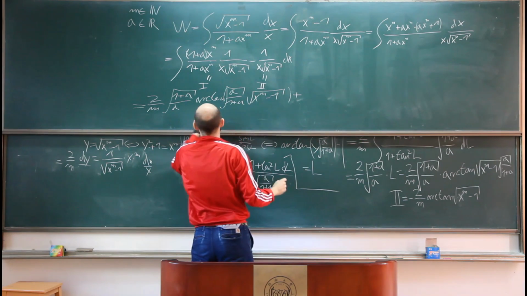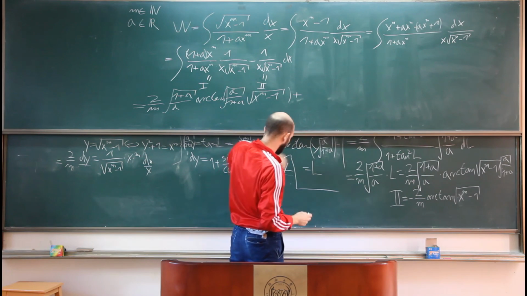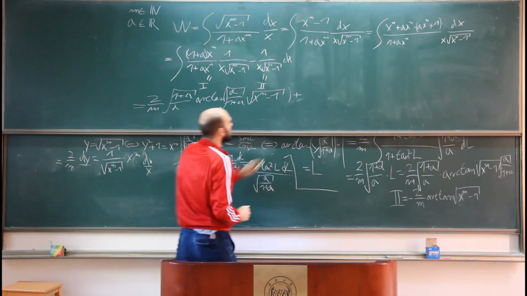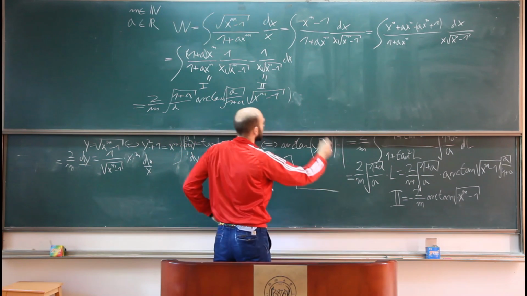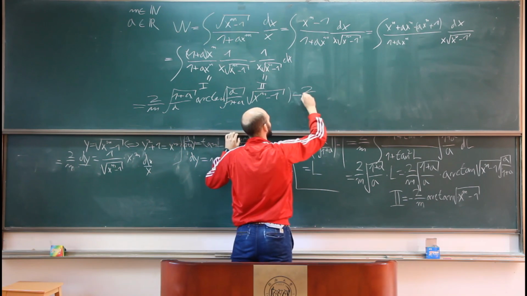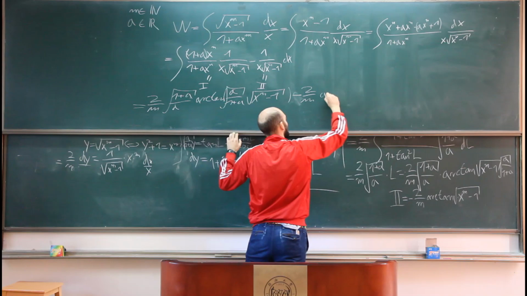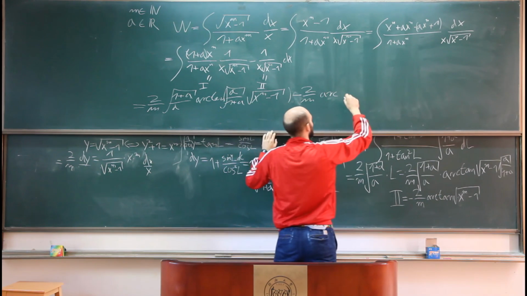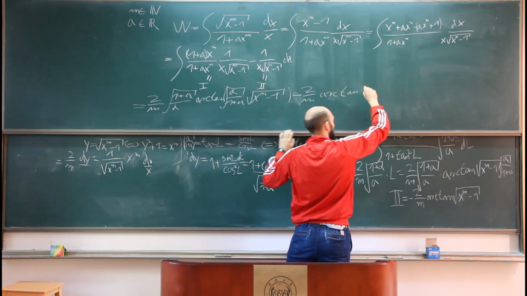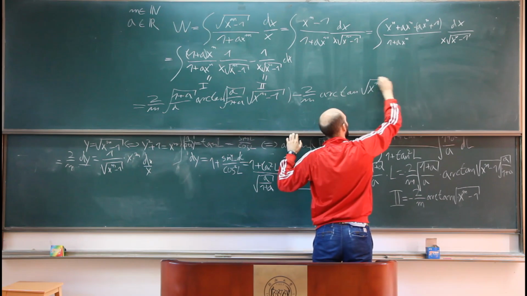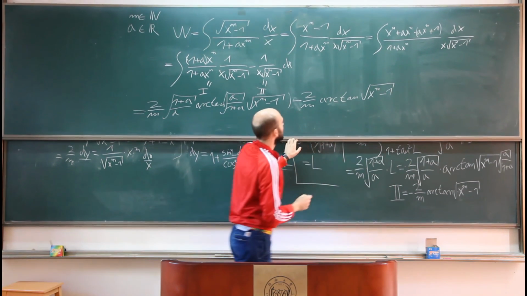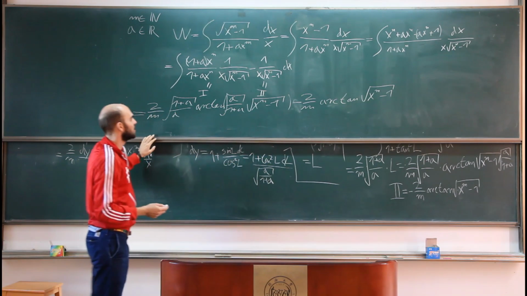And the second one was not a plus, but rather a minus. So we shouldn't forget this minus, and the minus is here, so the second one is minus 2 over m arctangent of x to the power of m minus 1. Yeah, so that settles it.